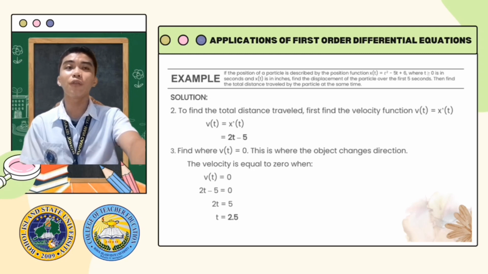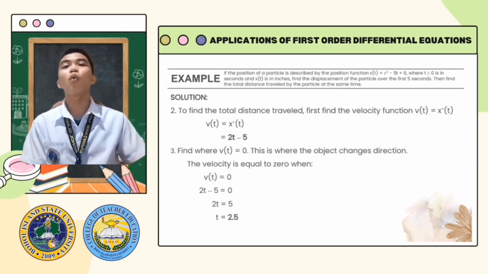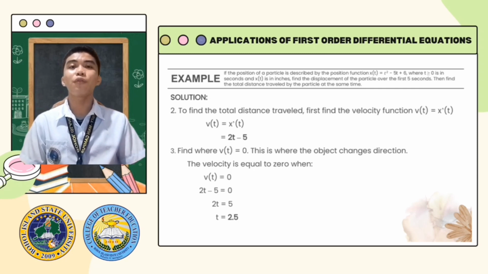The derivative of this position function is 2t minus 5. So our velocity function is v of t is equal to 2t minus 5.